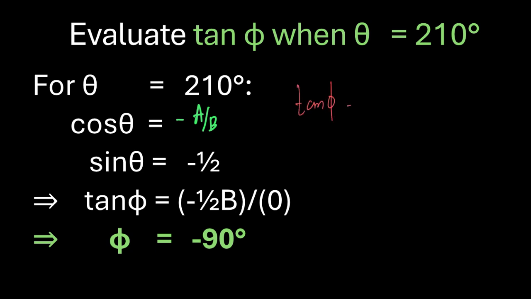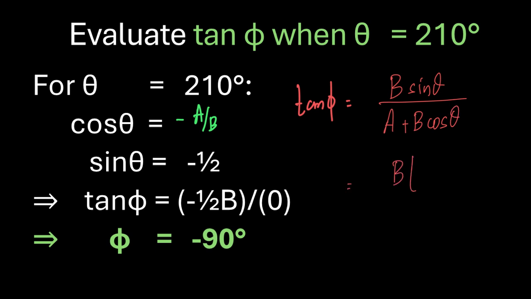Tan phi is equal to b sine theta, the whole upon a plus b cos theta, which is b into minus 1 by 2, the whole upon a plus b into cos theta, which is minus a by b. Right?